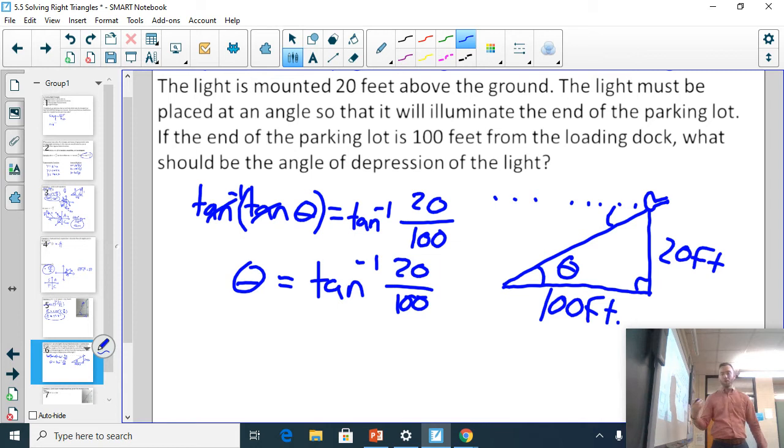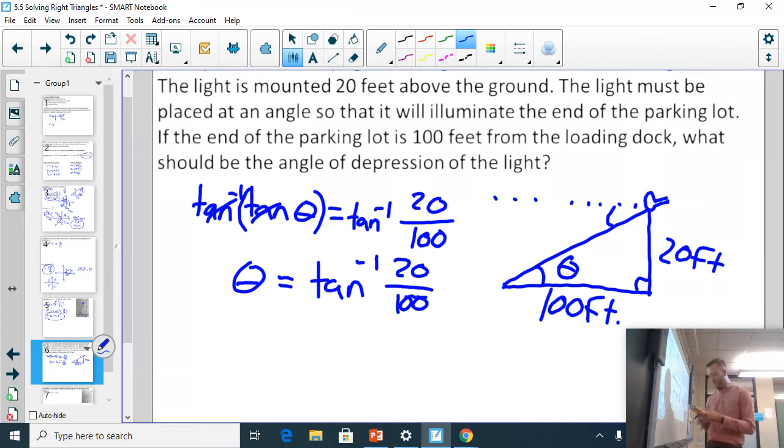But again, even though 1 over 5 is nice, that's not a nice angle, right? Tan inverse is asking whose angle has the ratio 1 over 5, and we don't really have those ratios. We have 1/2, we have square root 2 over 2, we have square root 3 over 2, but nothing is like 1/5. So this is another one where you just punch it straight in your calculator.